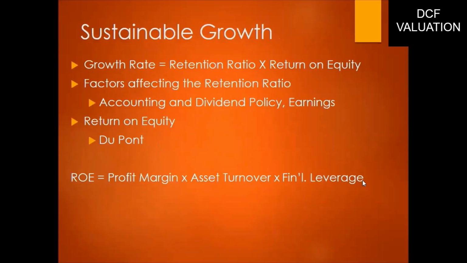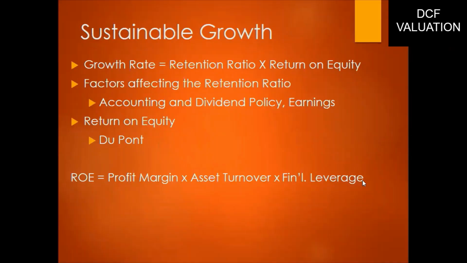Another alternative, especially if you're using a constant growth formula for your model in your forecast, is to determine the sustainable growth rate. So how do we get the sustainable growth rate again? The sustainable growth rate is the retention ratio or the flowback ratio times the return on equity. So just by looking at the formula, we know that the factors affecting this would include the accounting policies of the company, their dividend policy, and of course, their level of earnings.